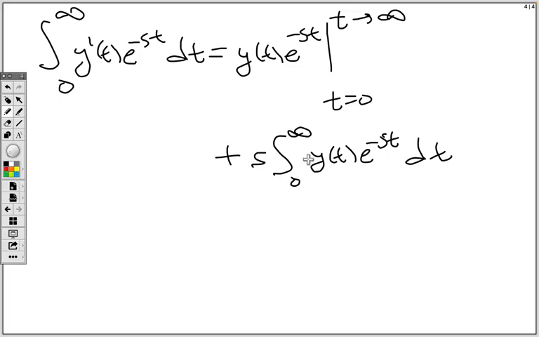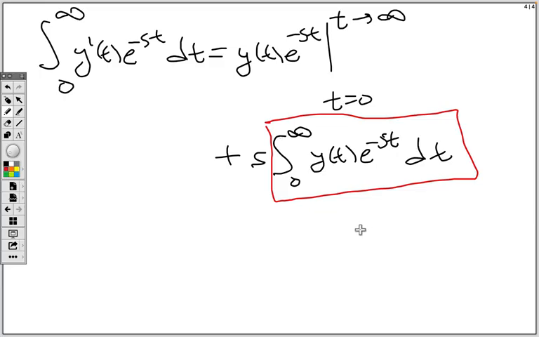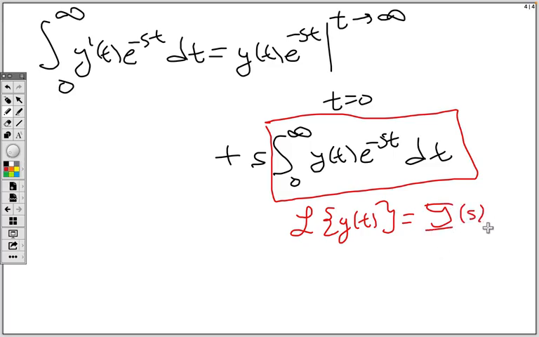And sure enough, here comes our Laplace transform of the original function. So this is our Laplace transform of the original function y, which we're going to call capital Y of s. And so I'm going to use these bars here to indicate a capital Y. And now we just got to figure out what we're going to do with this piece.